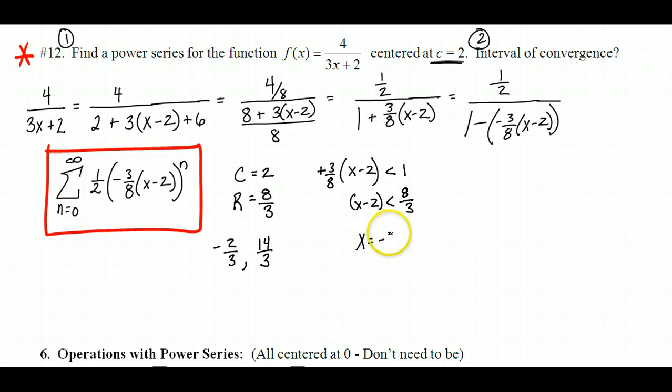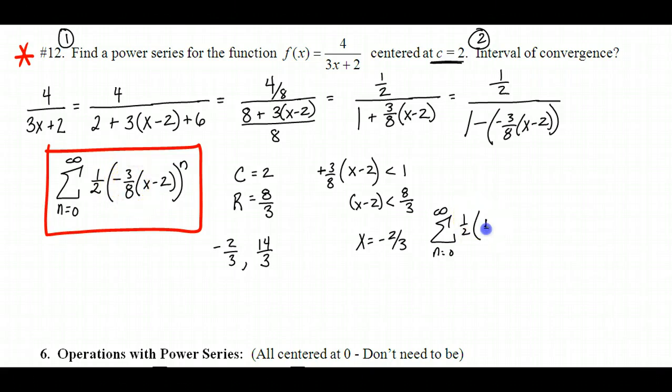So what happens if x is equal to negative 2/3? We have our summation, n equals 0 to infinity. Remember, we're always going back to this thing, 1/2. If I take negative 2/3 minus 2, that is going to give me a negative 8/3 times negative 3/8.